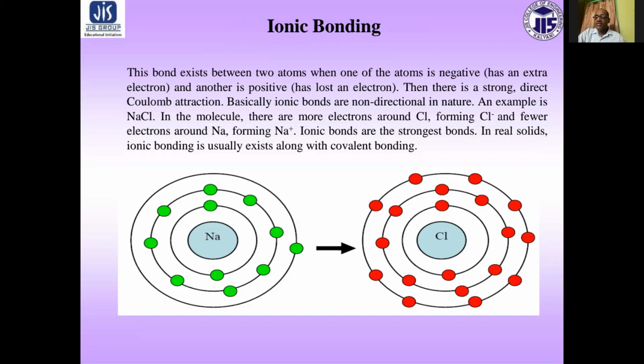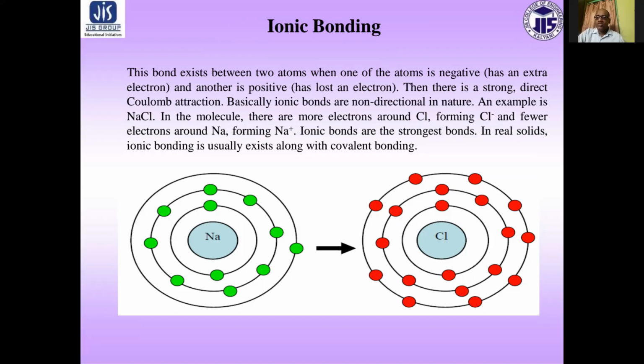Now, for an example, sodium chloride. In the molecule of sodium chloride, there are more electrons around the chlorine atom, forming chlorine negative, and fewer electrons around the sodium atom, thus forming sodium positive.